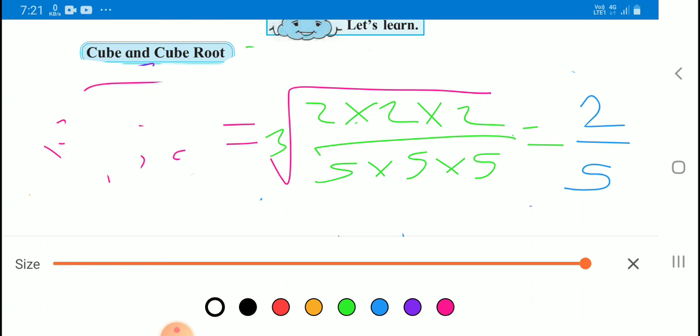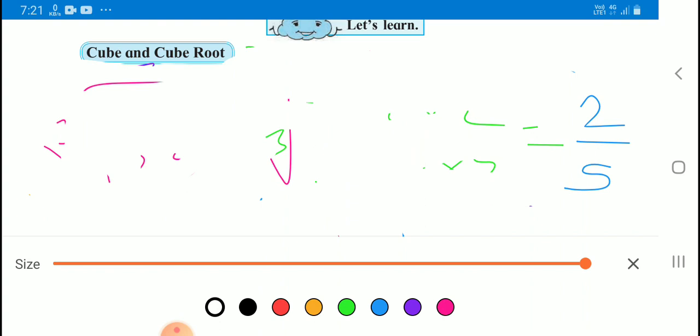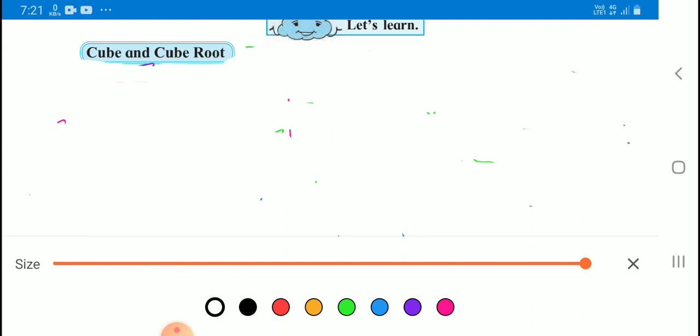Suppose they will give another number, that we will take the number as, we want to find the cube root of 729.